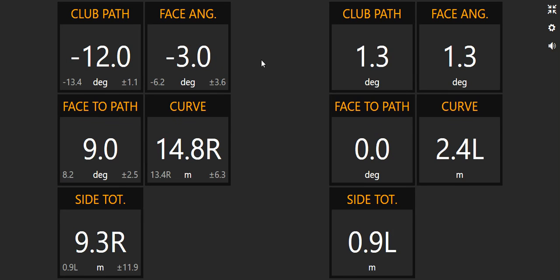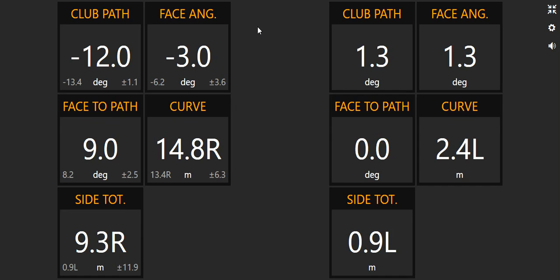Those few shots you're going to pull straight left. You're going to actually get the face square. So if you've got this face angle at minus 12, and the path was minus 12 as well, you're going to get a straight pull left into the left-hand trees instead of the right-hand trees. So that's your basic overview of what a slice is in just some data points.